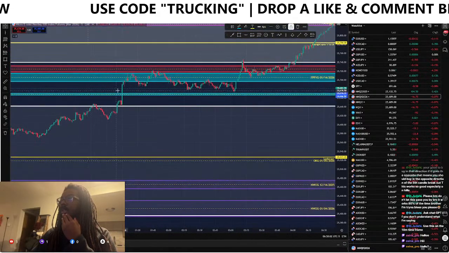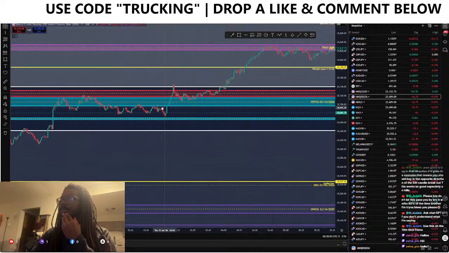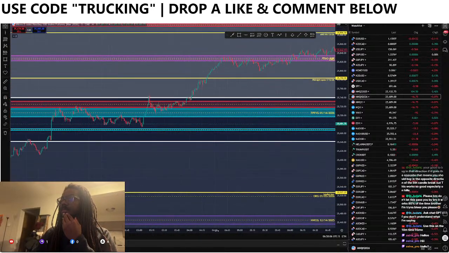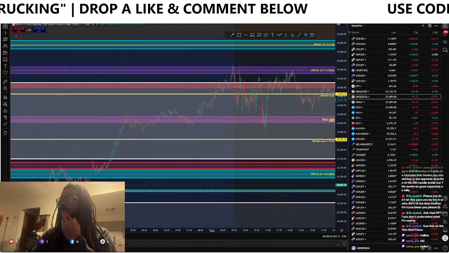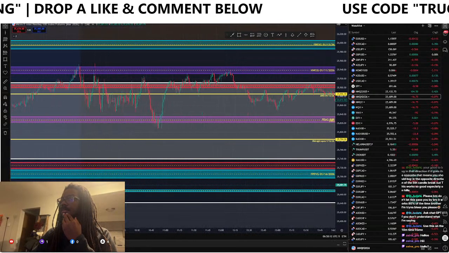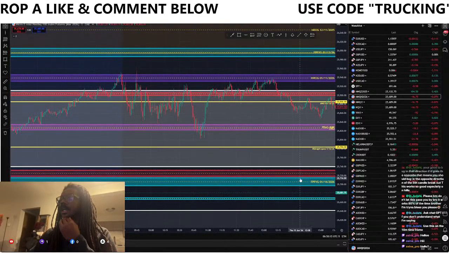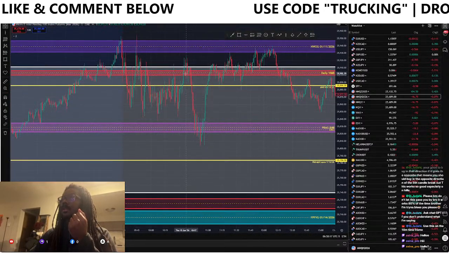I don't even want to go into the hourly on Thursday because this was Thursday's price action. All of this chop right here, I got absolutely destroyed on this chop.